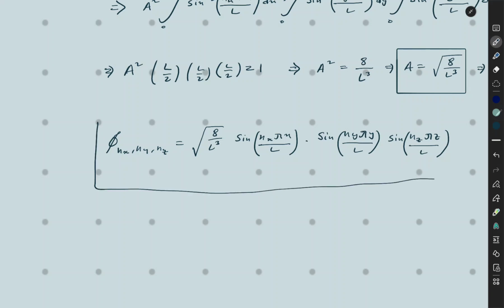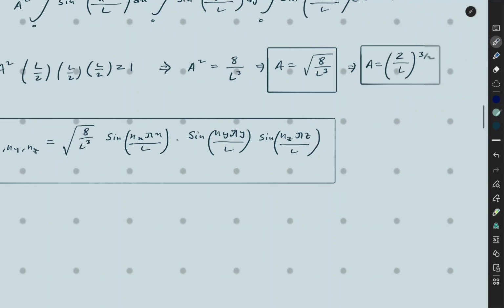So let us just put it inside a square box and mark it eigenfunction.